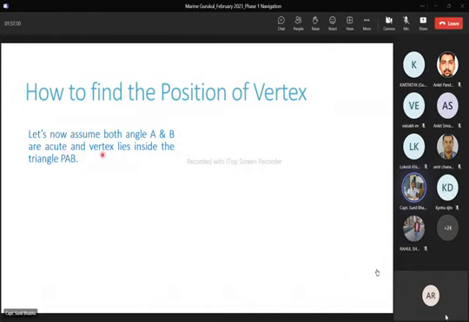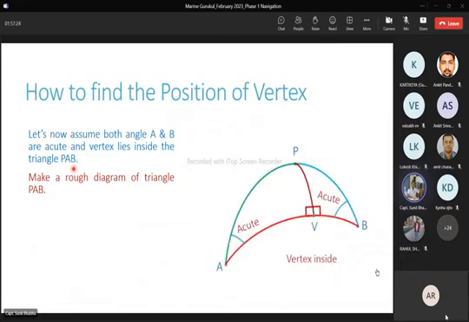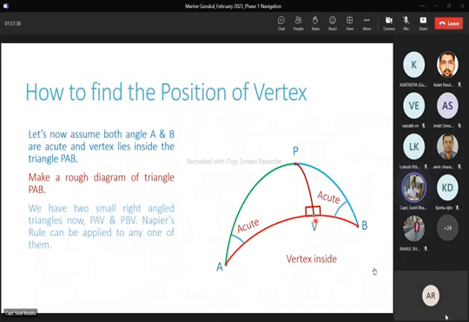This tells us that the vertex lies inside the triangle PAB. We are just assuming this situation to look at the procedure. So let's make a rough diagram of the triangle PAB. You can see this triangle PAB here. Both angle A and angle B are acute angles, and the vertex lies inside the triangle.